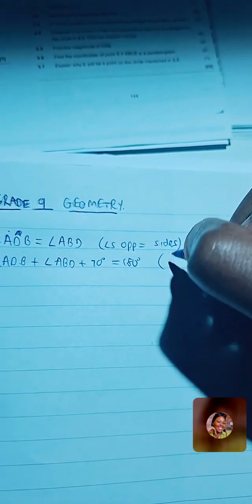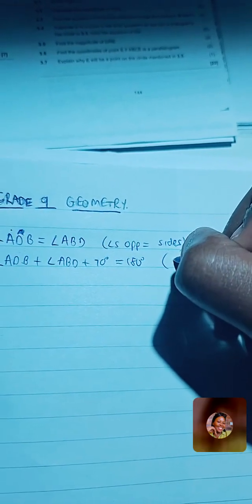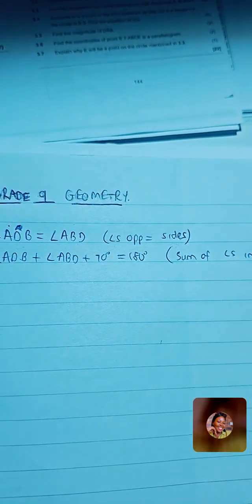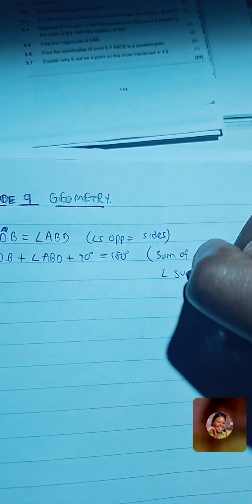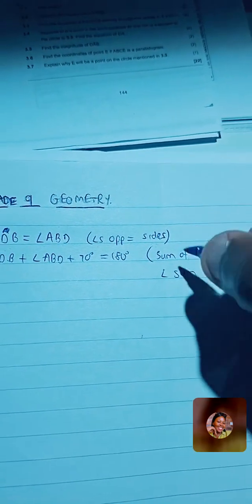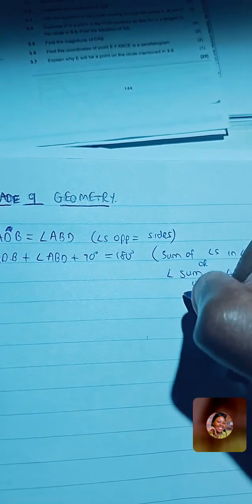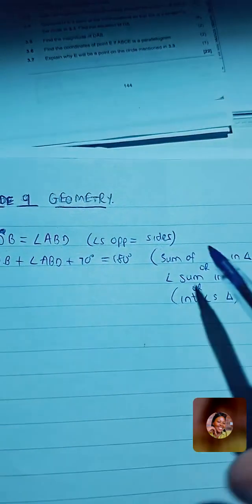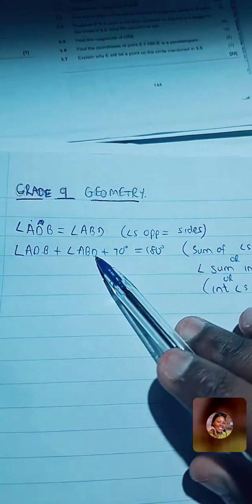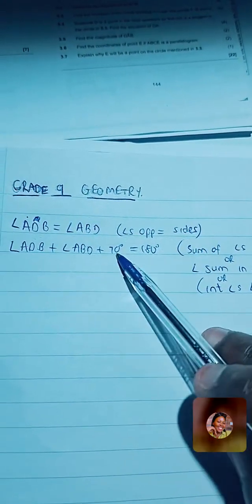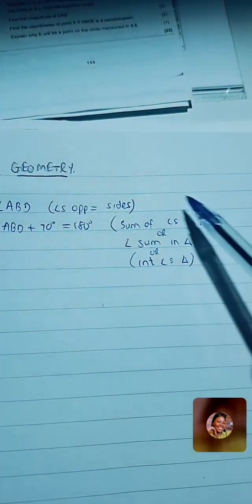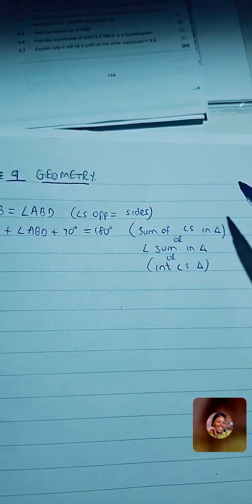Because one of three reasons that is in that document is I can either say sum of angles in triangle, or angle sum in triangle, or interior angles triangle. These are the three reasons that you can write to validate why these three angles sum to 180, because the interior angles of a triangle give you 180.